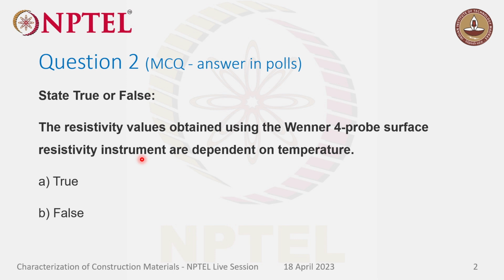So this question is: resistivity values obtained using the Wenner 4-probe surface resistivity instrument are dependent on temperature. Is that so? Does temperature have an effect on resistivity values? Let me start a timer for 30 seconds. Please give your answers. This question is launched in polls.